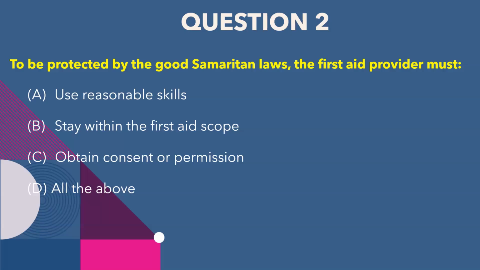E. Only B and C. So what must you do to be protected by the Good Samaritan laws? Make your choice. Write it down, please, and let's go to question 3.